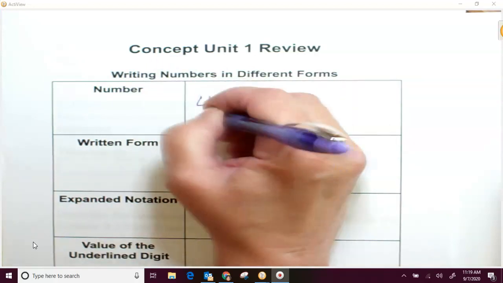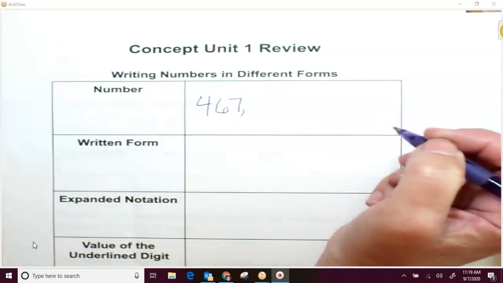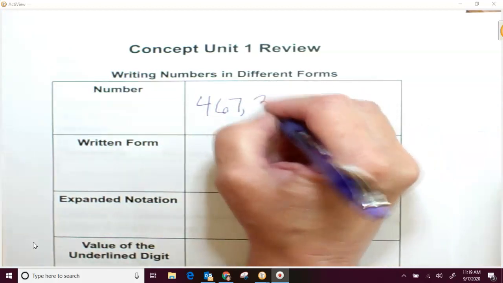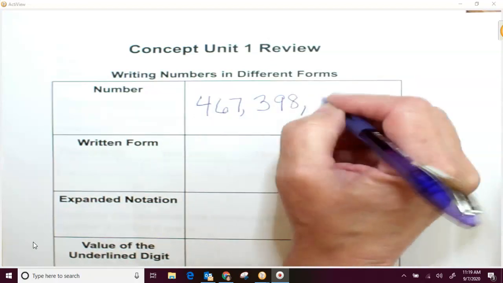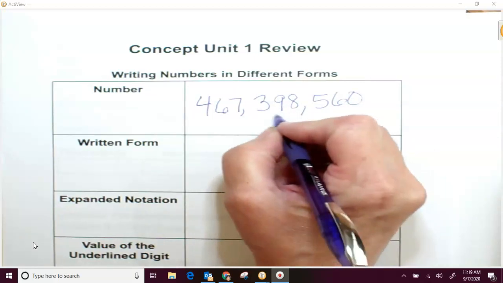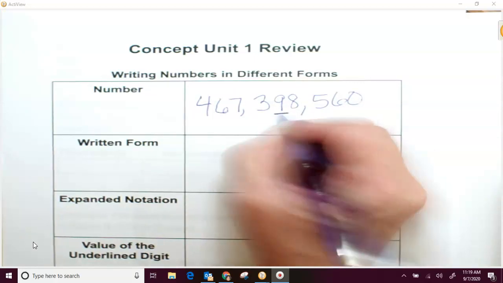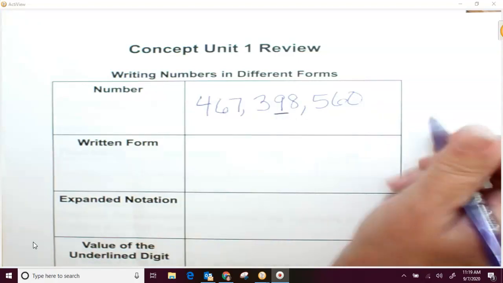So the number that we're going to do is 467,398,560. Now I'm going to underline the 9 because you will see it already underlined when you have your test. And you'll see in a minute why that number is underlined.